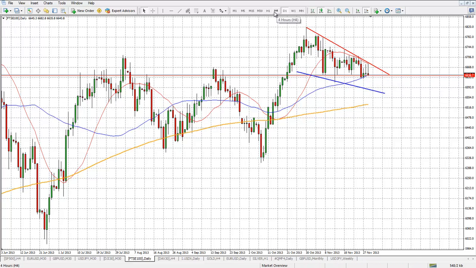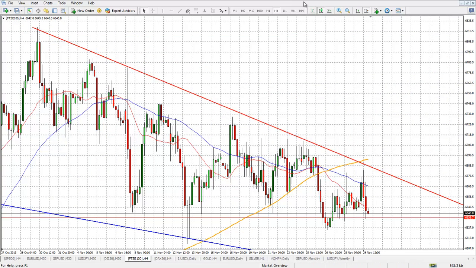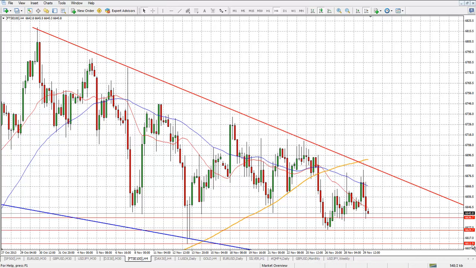could potentially target further support at any of the previous lows, which is around here, 6624, followed by 6611 and even 6600. So any of these levels would act as a level of support on the way down.